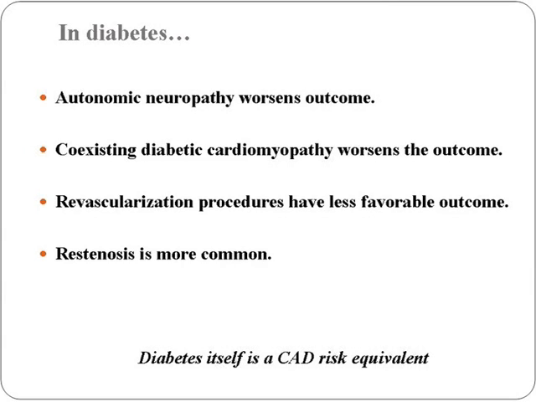These patients also have an underlying cardiomyopathy, which worsens the outcome. Compared to non-diabetic patients, revascularization procedures have a less favorable outcome because restenosis is more common. The life of a graft or a stent is shorter in diabetics compared to non-diabetics. So, diabetes itself is considered to be a CAD equivalent.